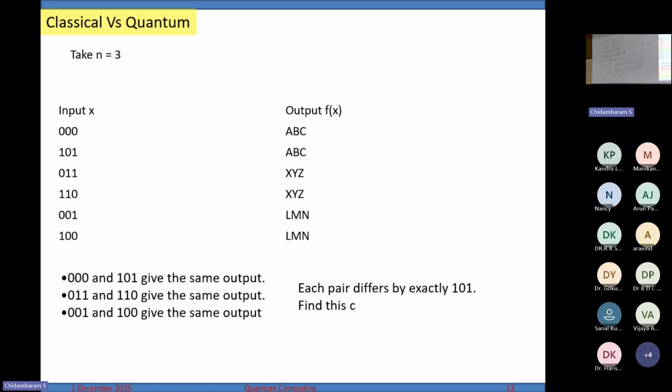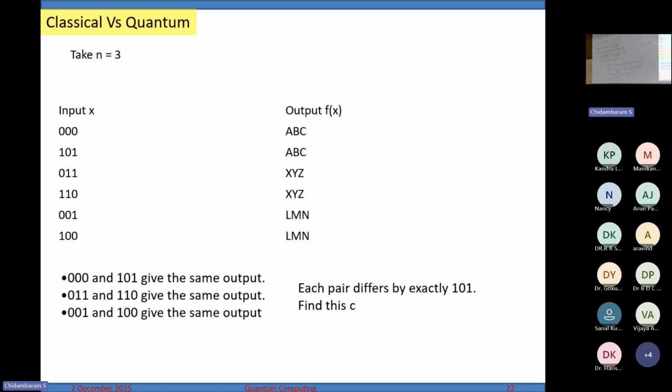Okay, and how do you find that particular pattern of 101, the period called C? Classically, what should we do? This particular difference, where each pair differs by exactly 101, how do I find that?